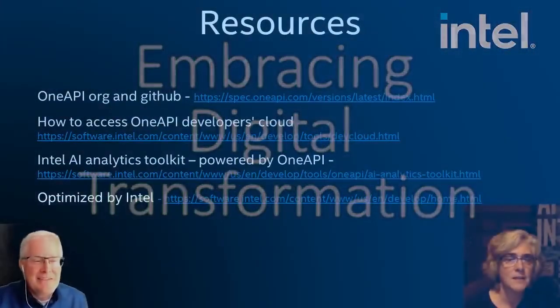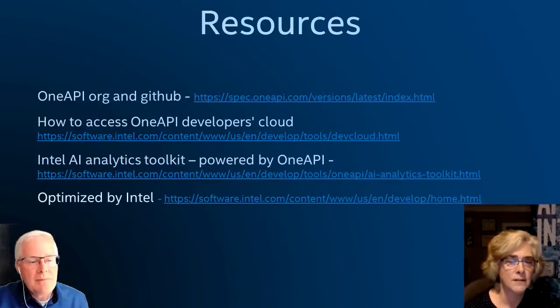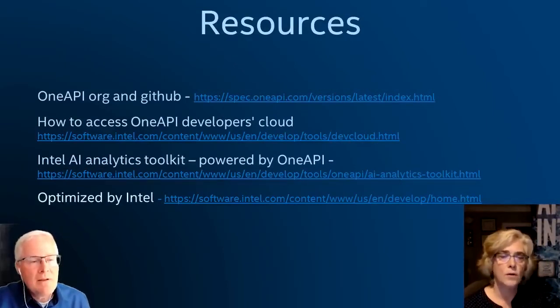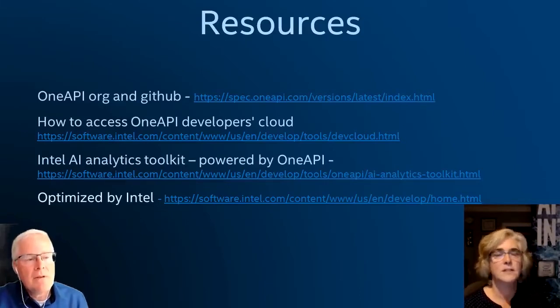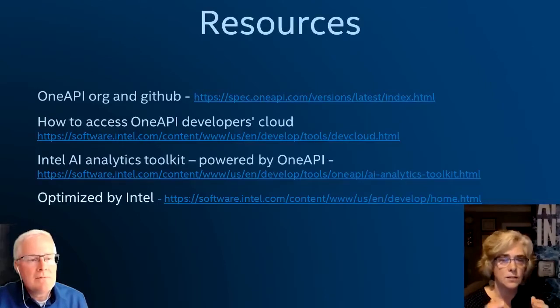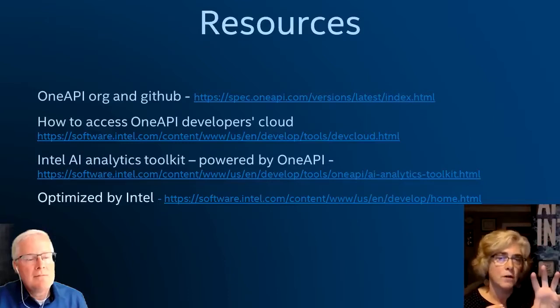The other thing to me that's so fascinating about all of this is what we're really trying to do, so again, think of this as a journey, is that once we get the AI and specifically machine learning really built in to this whole OneAPI, it can sniff through the code and say to somebody, hey, this portion of your code, you're going to get the best advantage on an FPGA.